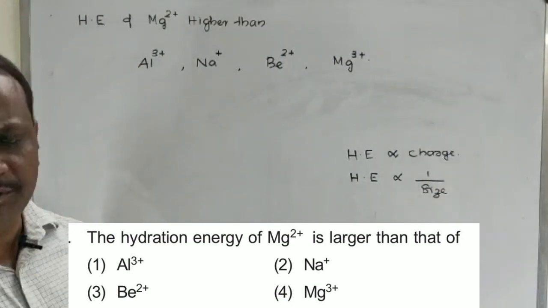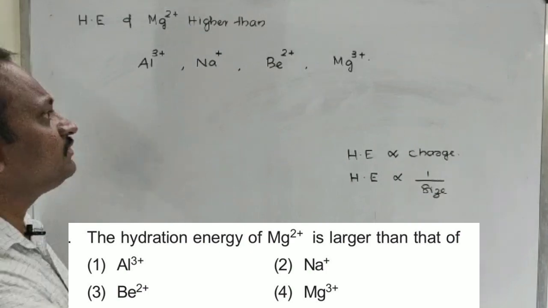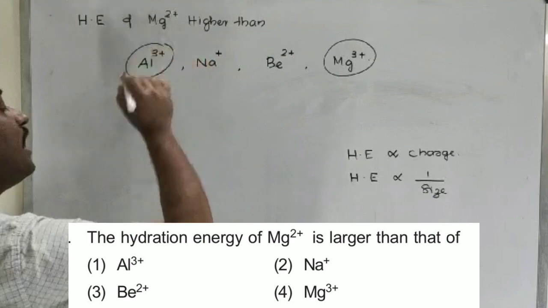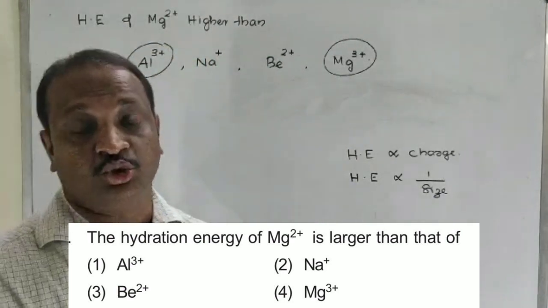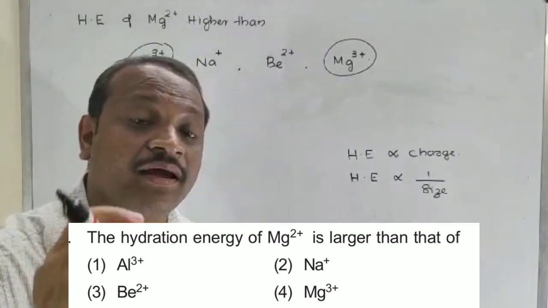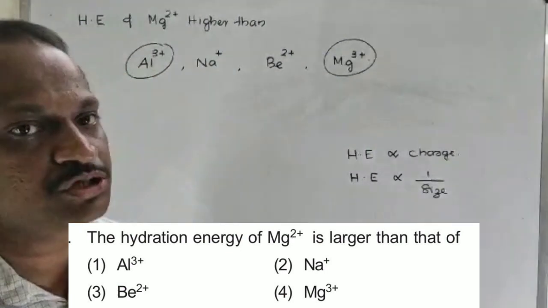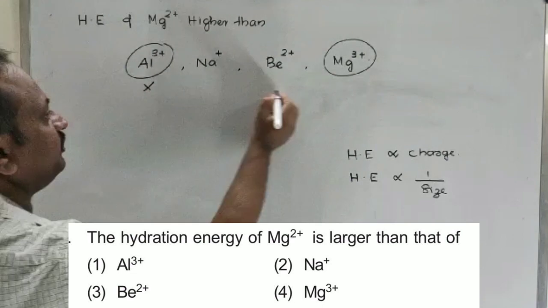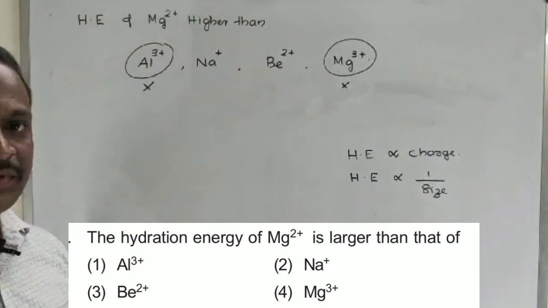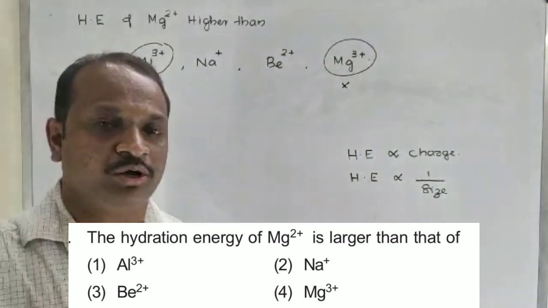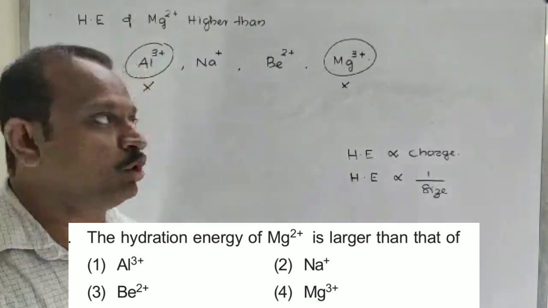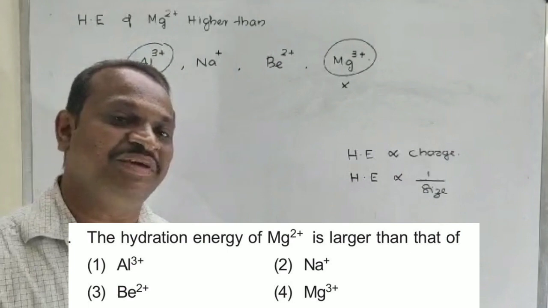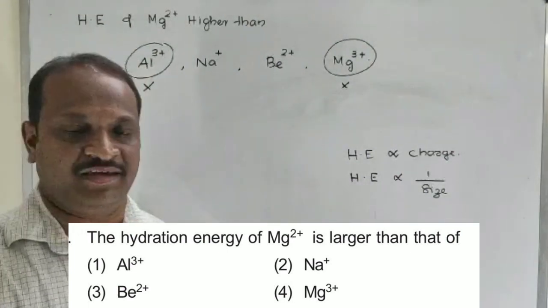So first priority you need to give for charge. In that manner, Al3+ and the other 3+ ion have higher charge, so they compulsorily have higher hydration enthalpy than Mg2+. So these two are not our answer. So in elimination round 1, 2 persons are out. Now only 2 are competing: Na+ and Be2+.